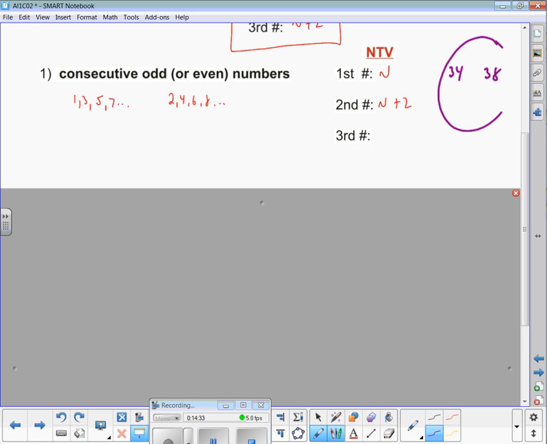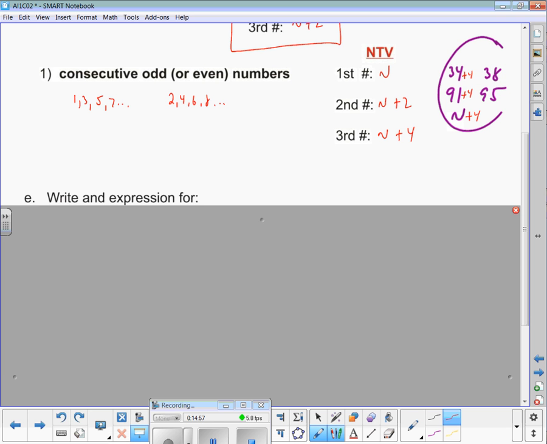How about this? 91. And you said 95. All right, n. And hopefully by now it all makes sense, and you say n plus 4. How did you get from 34 to 38? You added 4. How did you get from 91 to 95? You add 4. How do you get from n to the third number? You add 4. Okay? There would be a fourth number. It'd be n plus 6.